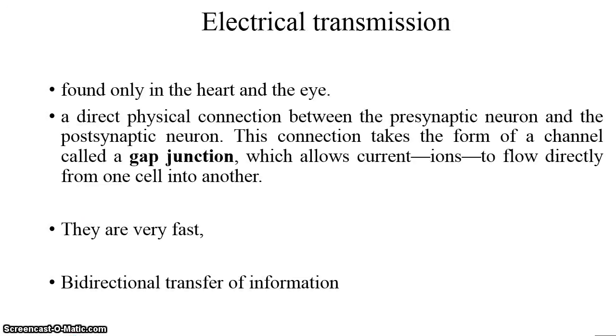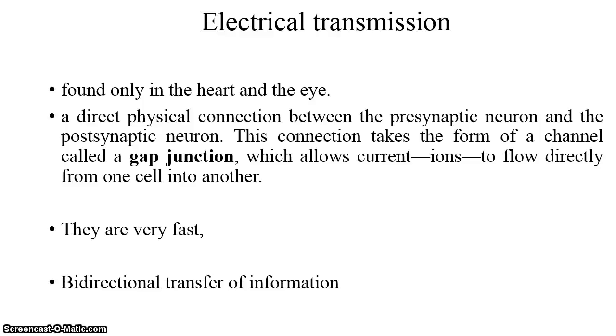So what is electrical transmission? In this transmission, the two neurons, that is the presynaptic and postsynaptic neurons, are connected through the gap junction. I think you are familiar with gap junction, because this topic comes under cell junctions, which is done in BSc Biotech, right?